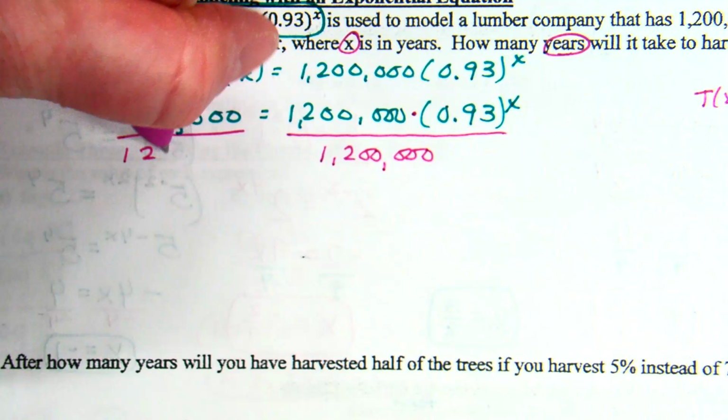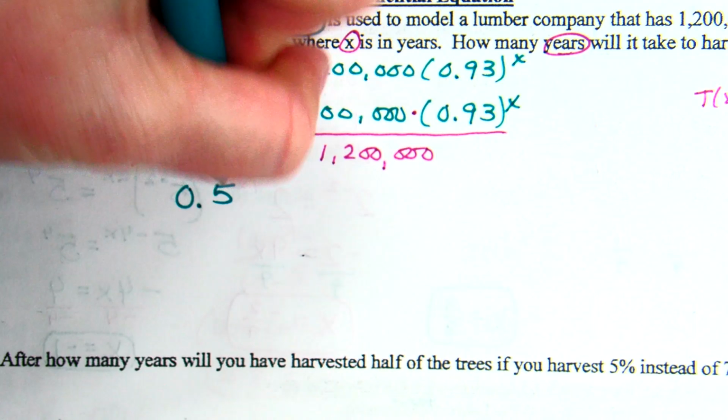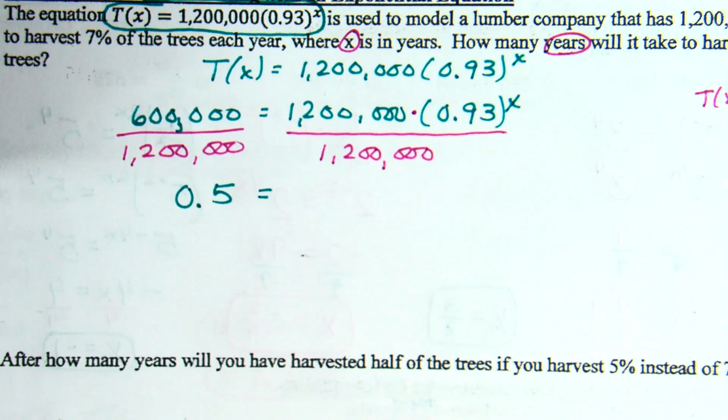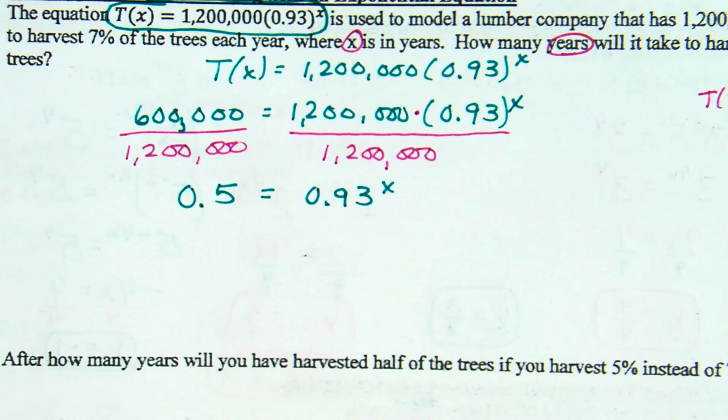You might be able to do this without a calculator if you think logically. 600,000 was what portion of 1,200,000? It was 1/2. So guess what? When you do 600,000 divided by 1,200,000 on your calculator, what's it going to give you? 1/2 or 0.5. So this equation becomes 0.5 or 1/2 equals 0.93 to the power of x. Suddenly it looks less scary.